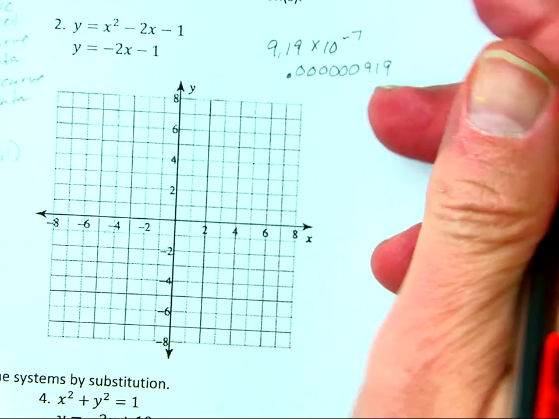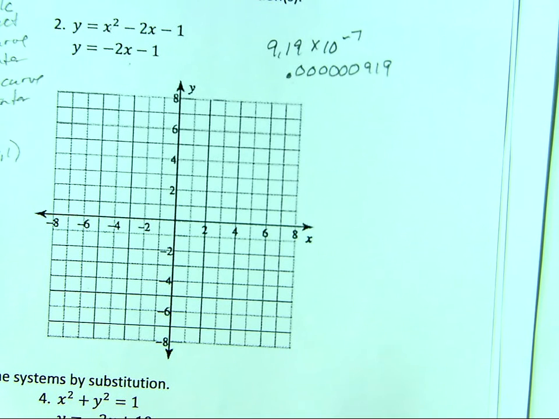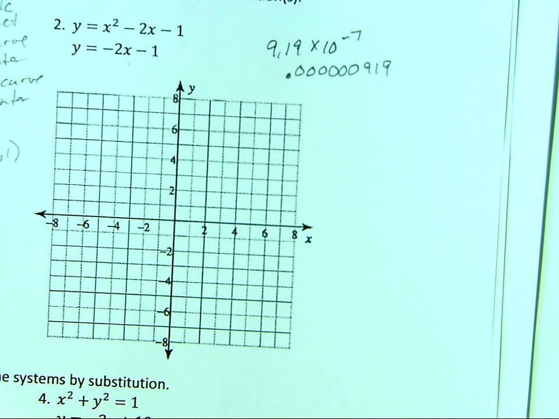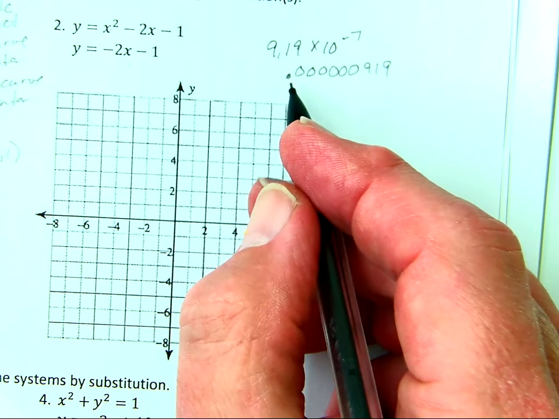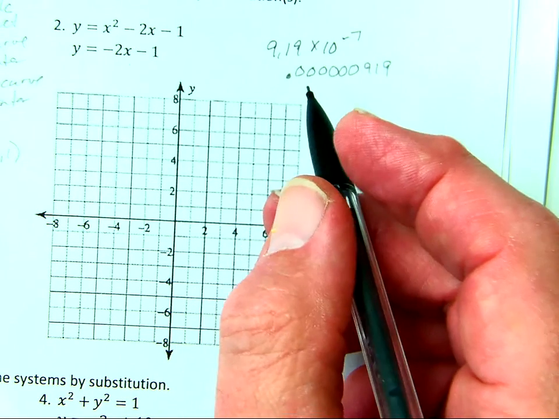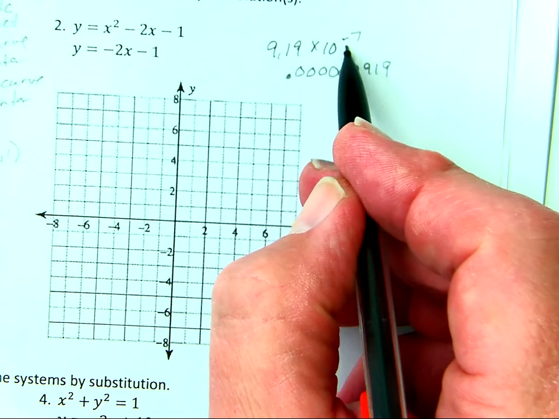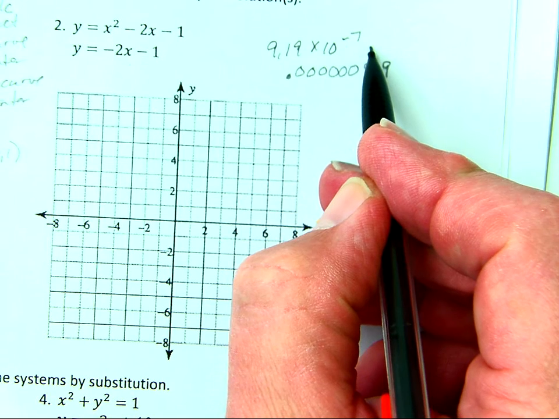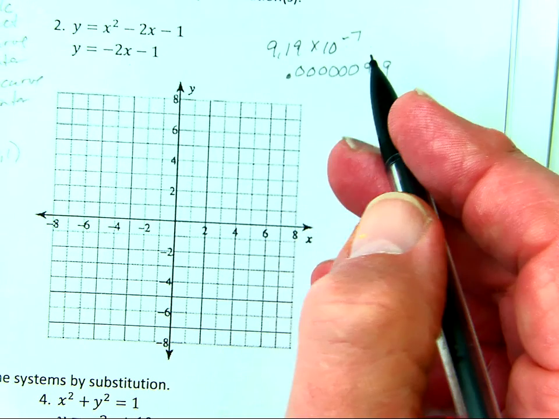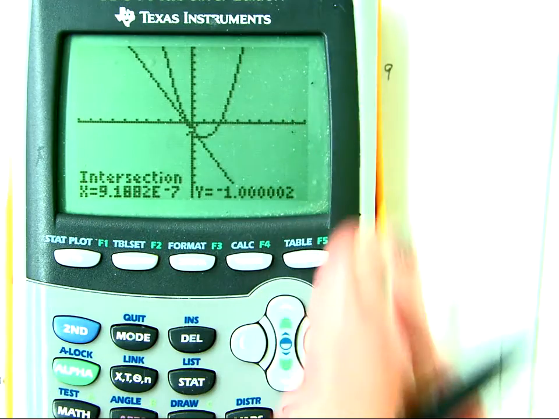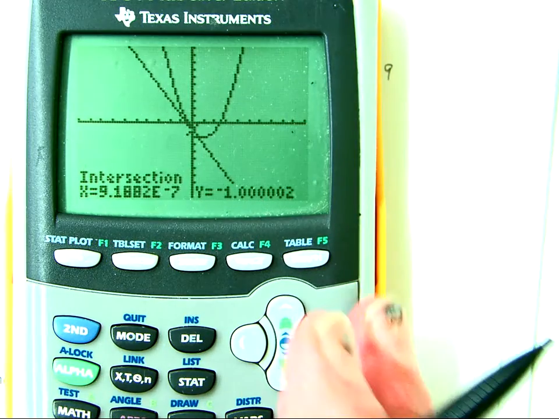It's close to 0. In effect, it actually is 0. For some quirk in the calculator, the way it does these computations, it gets that answer when the actual answer is 0. Whenever you get one and you see that e negative something, negative 9, negative 7, that answer is 0. So here, when it says that intersection point is there, that is actually 0.